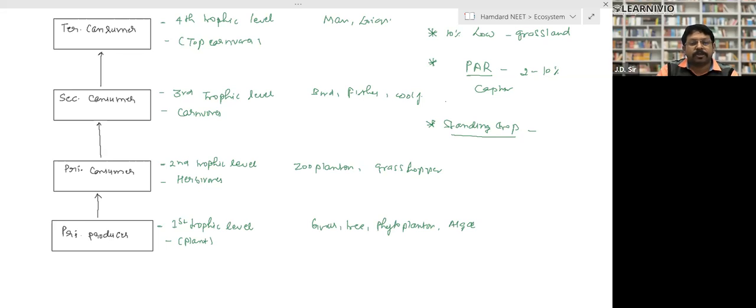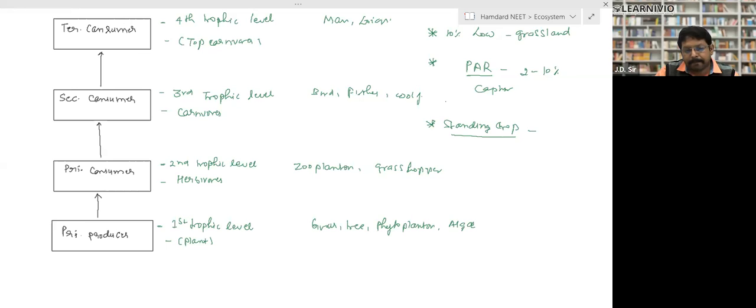The plant captures, so whatever radiation comes from the sun, only less than 50% is available for photosynthesis. The plant captures only 2 to 10% of PAR.